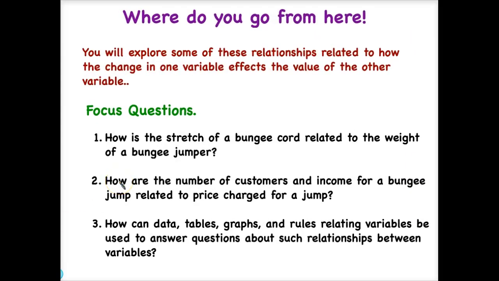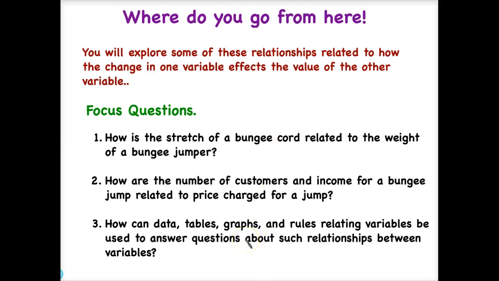So where do we go from here? You will explore some of these relationships related to how the change in one variable affects the value of the other variable in your assignment coming up. Here are some focus questions again for you to think about. How is the stretch of a bungee cord related to the weight of a bungee jumper? We answered that today, but I want you to think about that in your future assignment.